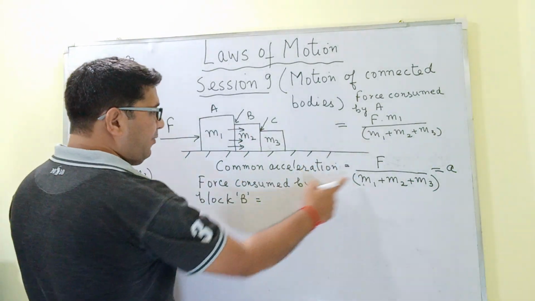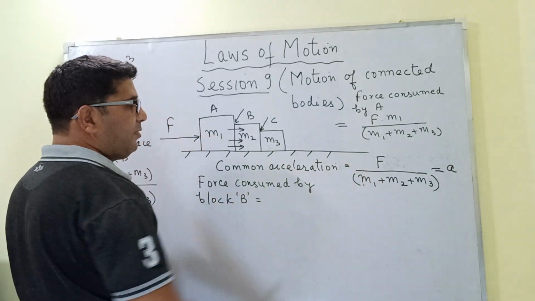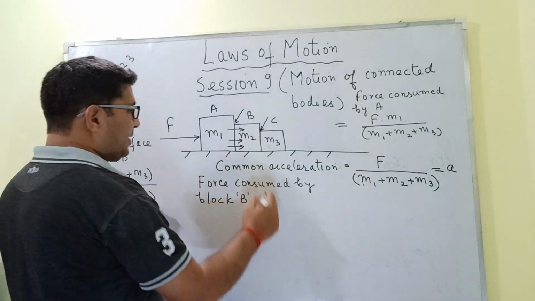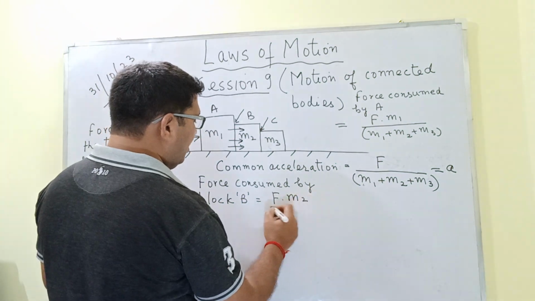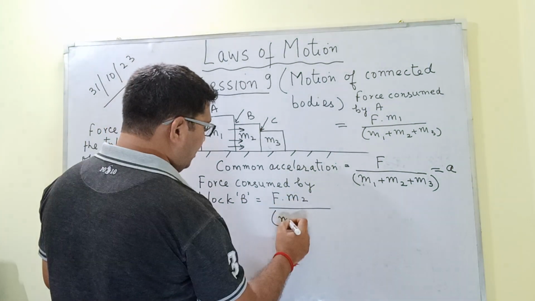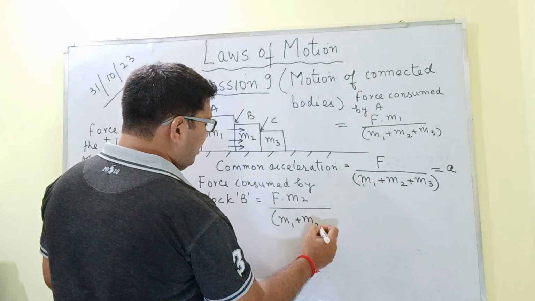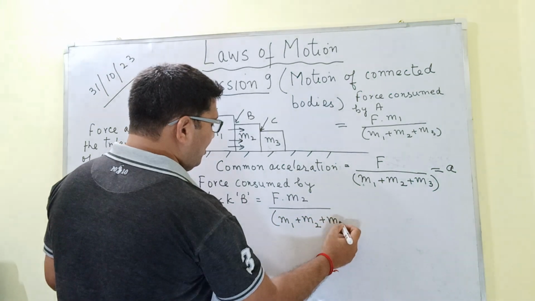The acceleration क्या है? ये हो गया F divided by m1 plus m2 plus m3, into the mass. तो ये हो जाएगा F dot m2 divided by m1 plus m2 plus m3.